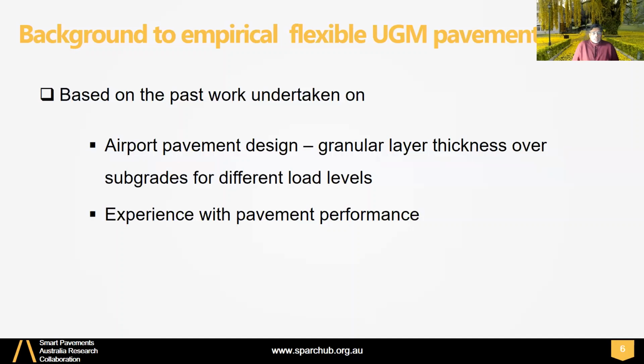And this flexible UGM pavement design approach is based on past work undertaken on airport pavement design, calculating the granular layer thickness over subgrades for different load levels. Then it was the experience with pavement performance that has culminated in this empirical approach.